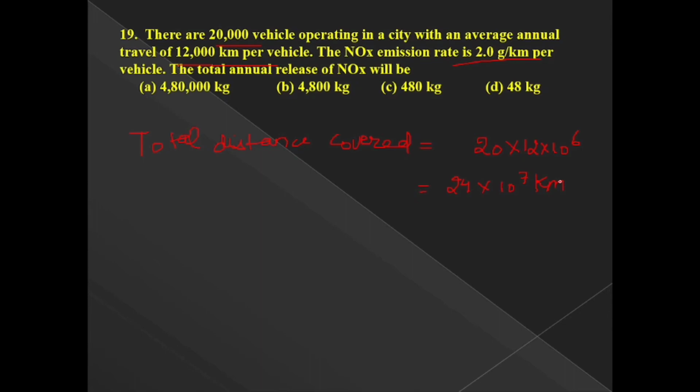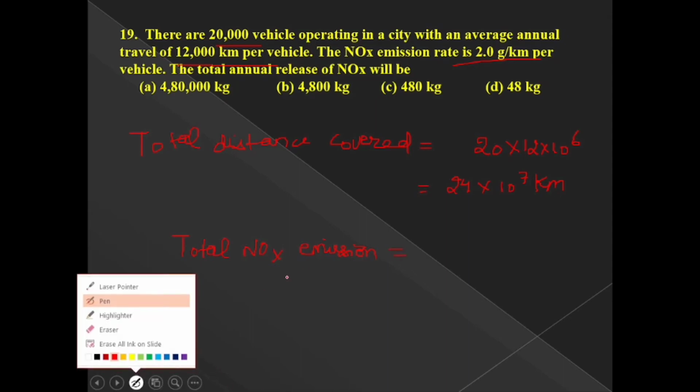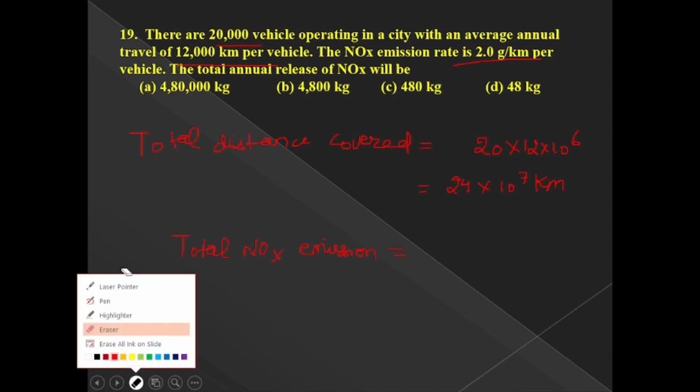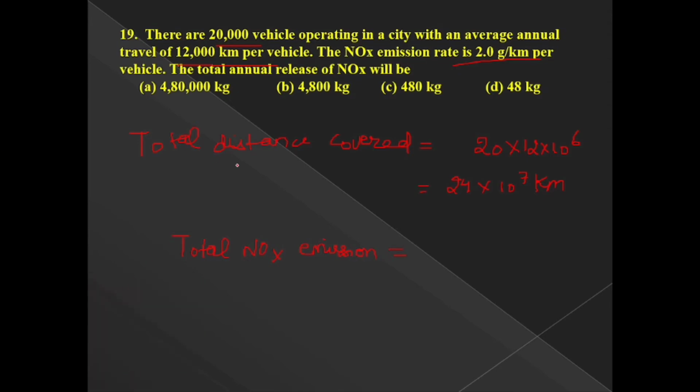For 1 kilometer, the NOx emission rate is given as 2.0. So we can easily calculate the total nitrogen oxides emission. That is equal to 24 into 10 to the power 7 into 2 into 10 to the power minus 3, because we have to calculate in kilograms.